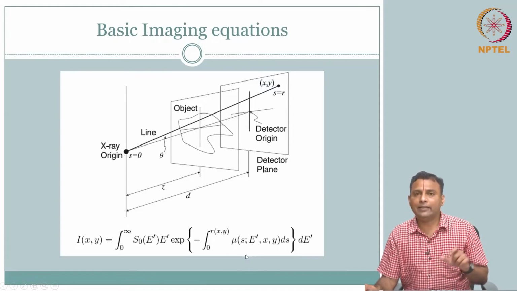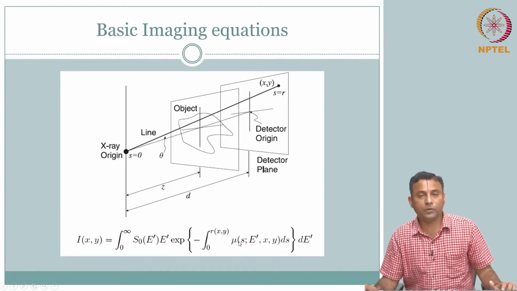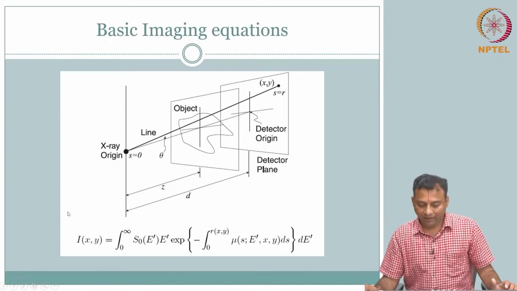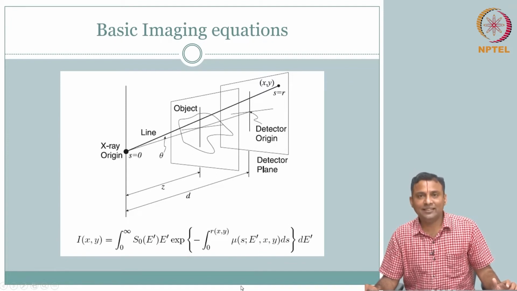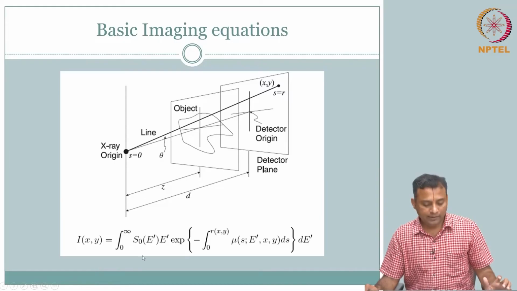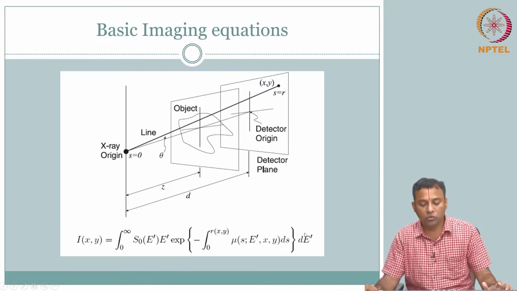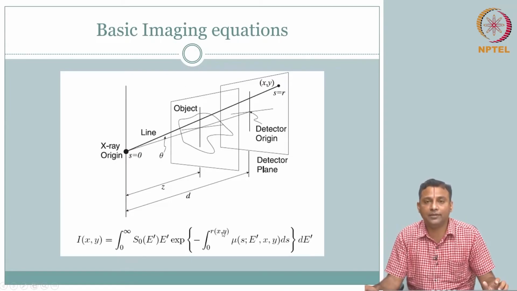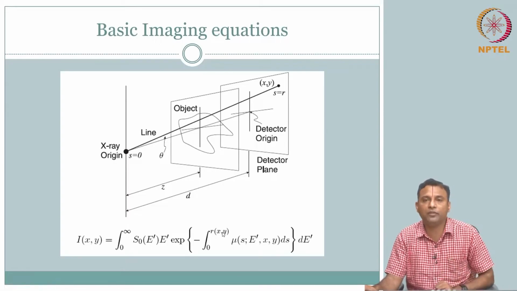And ds is your segment, the path length that you are talking about. Okay. So this is fine, this accounts for what we want to do, but this is too generic. So we need to customize this to the setup that we have. That means we need to be able to write the path length explicitly. And is there any other effect that modifies this equation because of the way the instrumentation is set up, that we need to accommodate? Okay. So that is what we will do now.